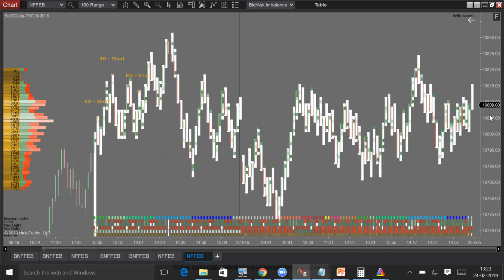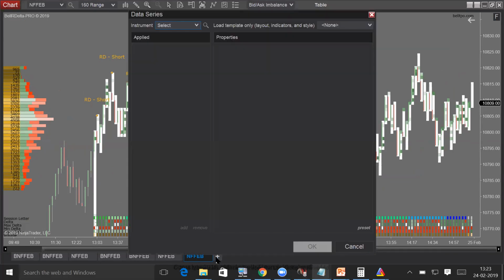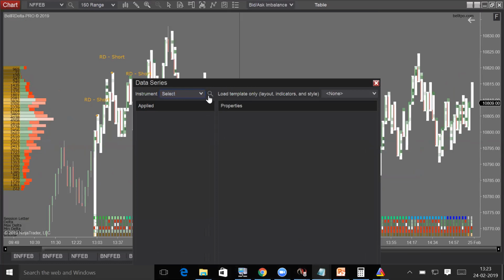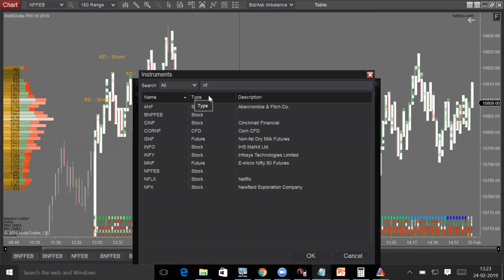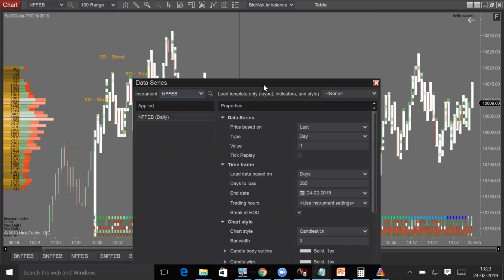But at the same time, we'll be combining it with one more indicator called Bell Trend Analyzer. You have to really get the Bell Trend Analyzer as a filter. Let's say Nifty February futures.